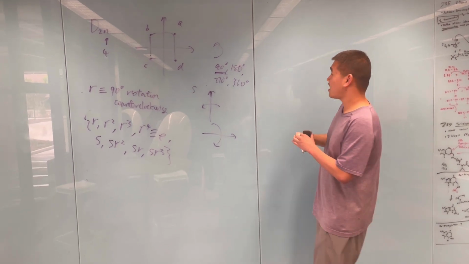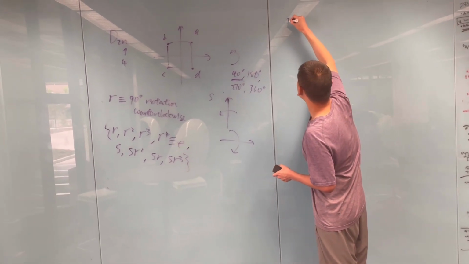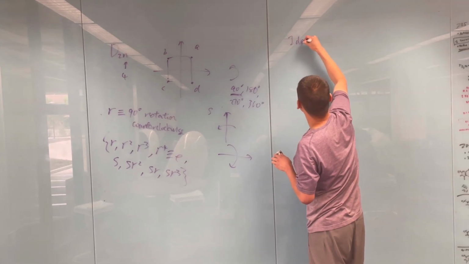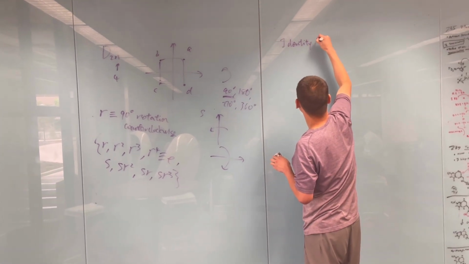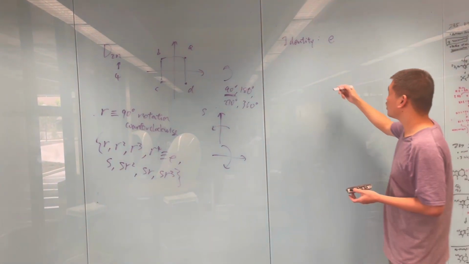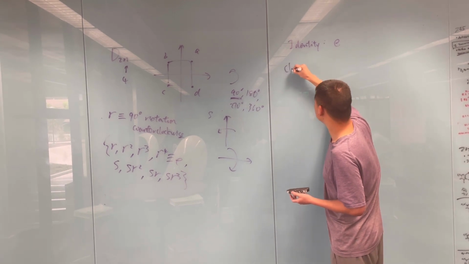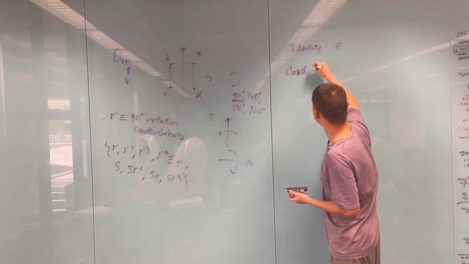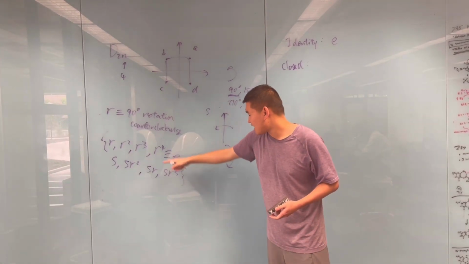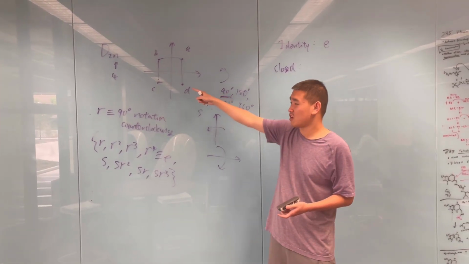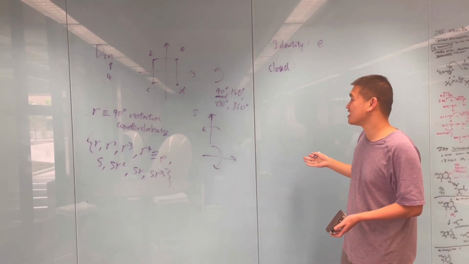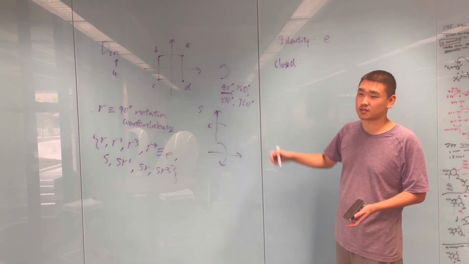And we need to check the conditions for a group. So identity is just E, which is doing nothing. That's easy to see. We need to have closure. Well, any R and S preserves the shape of this square, so you can compose them whatever way you want, and the result will still preserve the shape of the square.